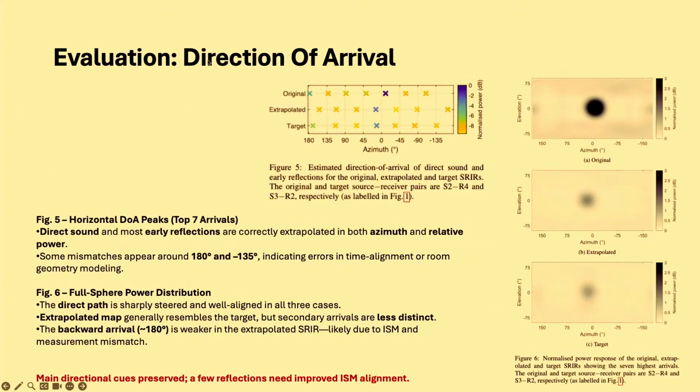Then the important part is the direction of arrival. We're checking the red part over here. This is the original sound, and this is the target sound. You can see the middle one is the generated one.